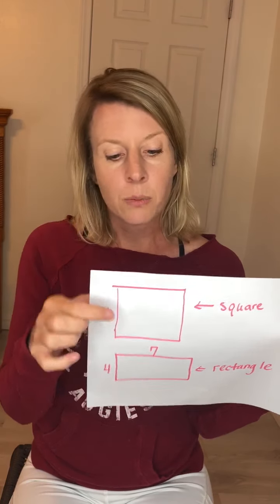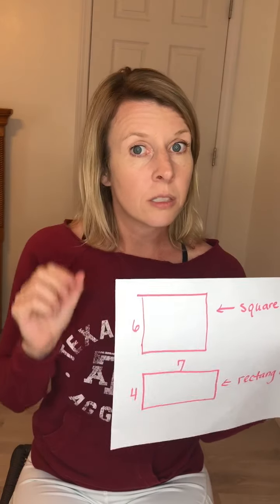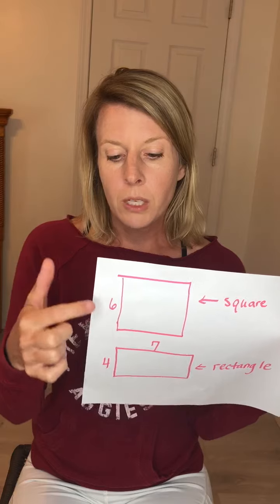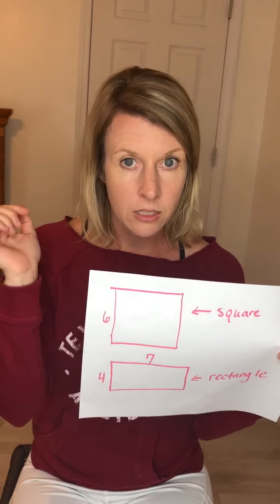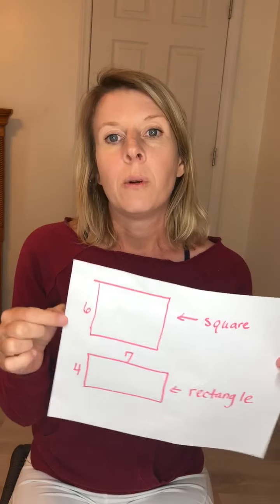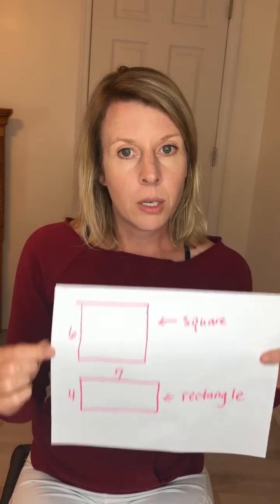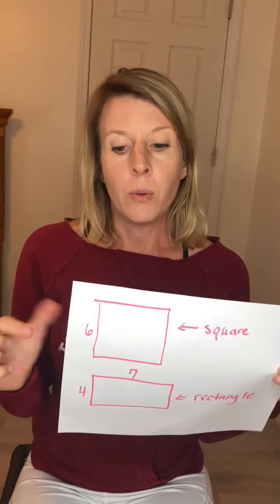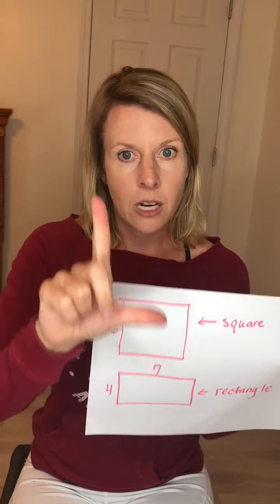We don't add 6 plus 6 plus 6 plus 6 because that's the perimeter, the outside. We multiply. So we would multiply 6 times 6, and we would get 36. So when we find area, again, we are multiplying. And if it's a square, yes, it has 4 sides, but we only need to multiply the length times the width.